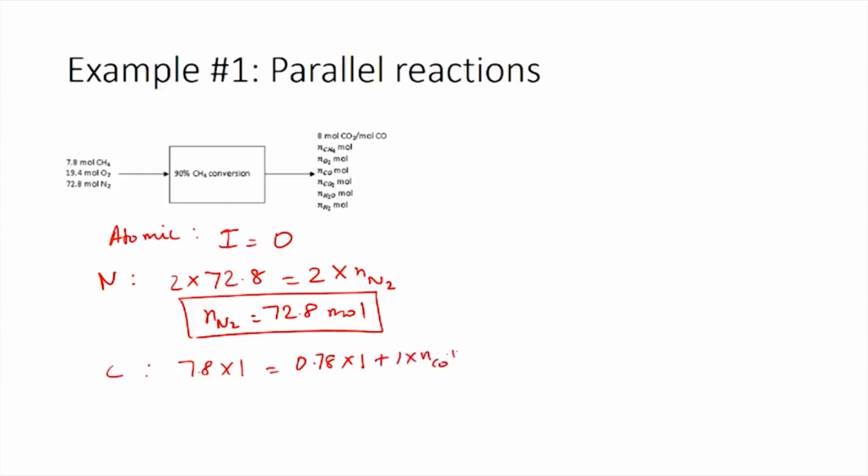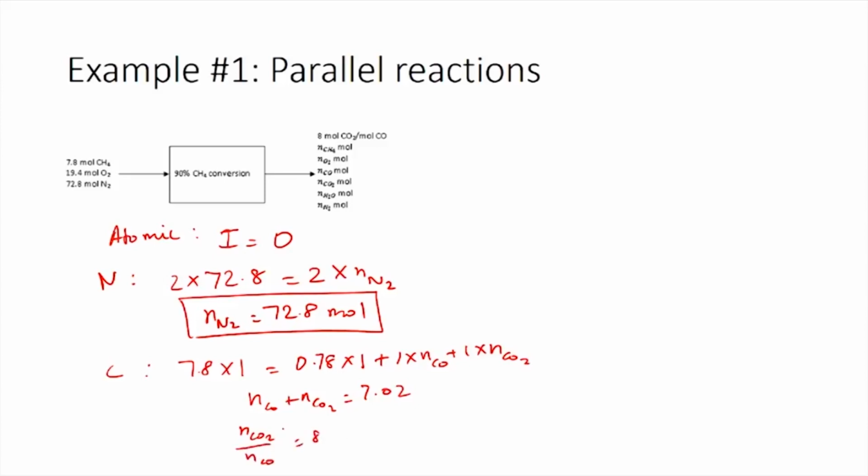and we have one atom of carbon in carbon dioxide and one atom of carbon in carbon monoxide. So, we write it as 1 times NCO plus 1 times NCO2. So, this gives us an equation of NCO plus NCO2 is equal to 7.02. We already know that NCO2 divided by NCO is equal to 8.